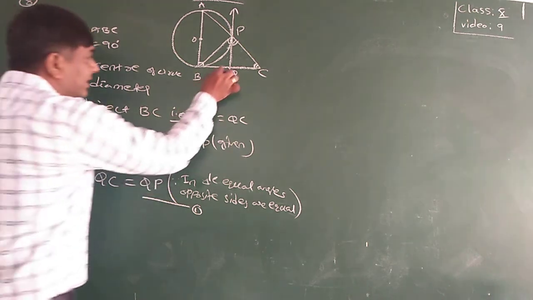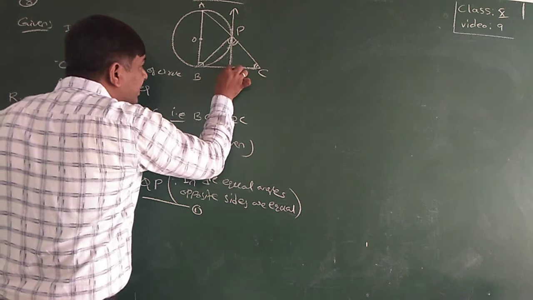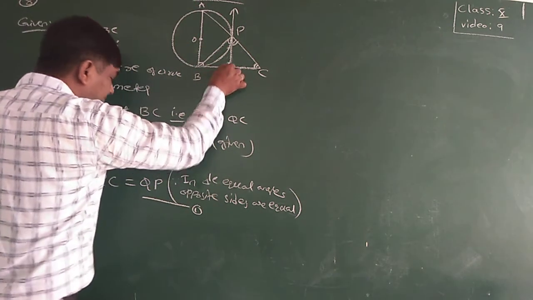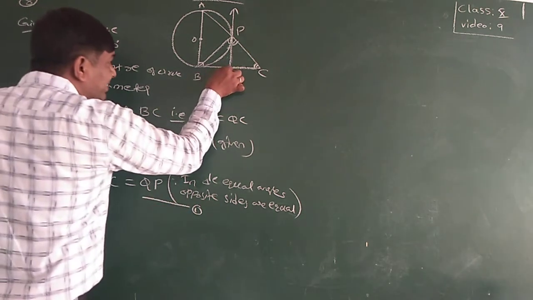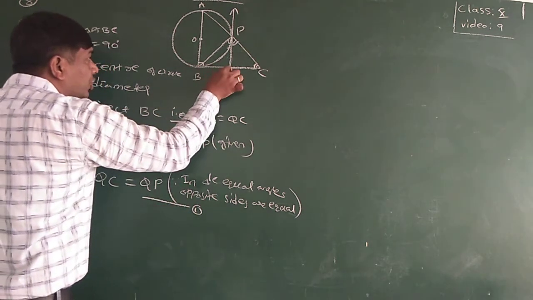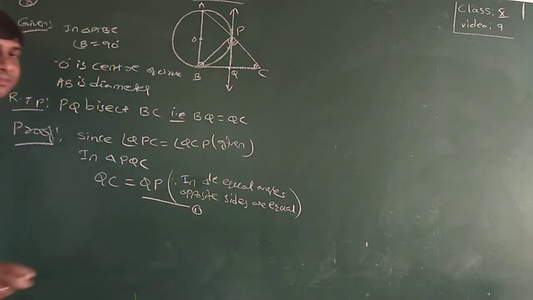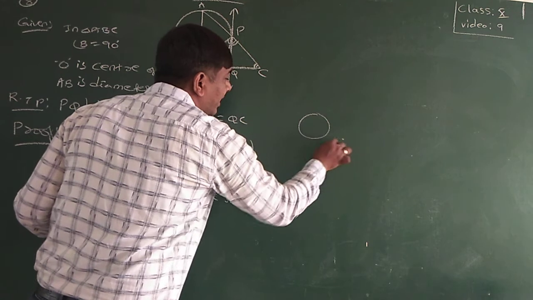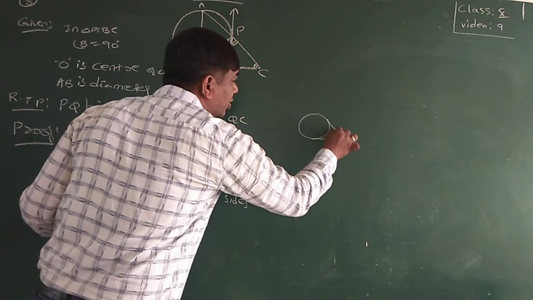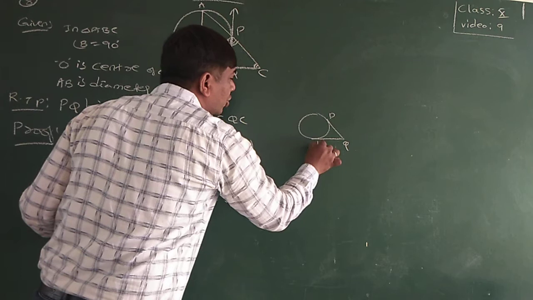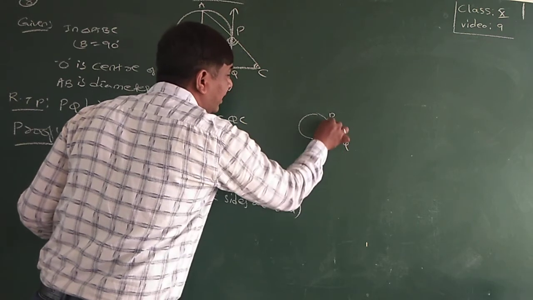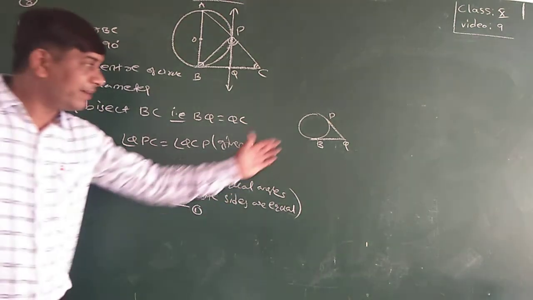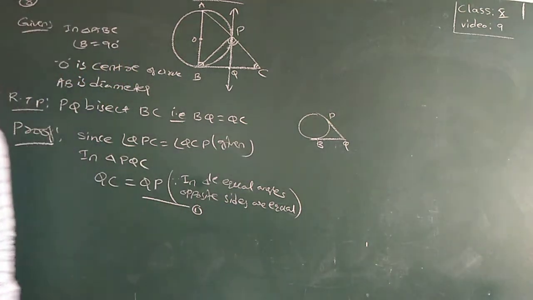The next one: to this circle, Q is an external point. From this external point, QB and QP are the tangents. This is a circle and Q is one point here. So QP and QB are tangents drawn from an external point, and tangents drawn from an external point are equal in length.